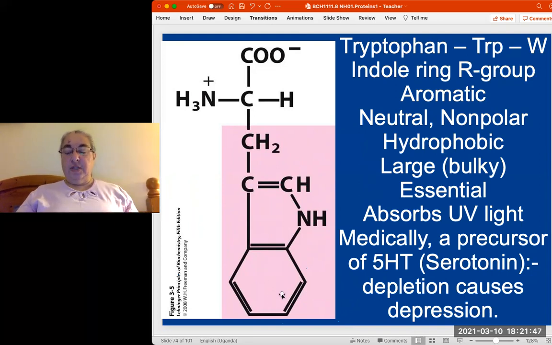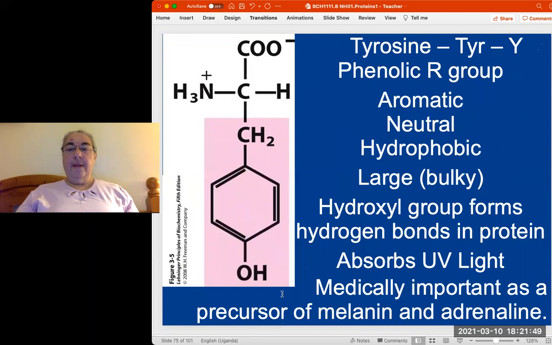It can cause depression. Tyrosine, the third aromatic amino acid. So again, a ring, again absorbs ultraviolet light. This one can act as a precursor of melanin and adrenaline, so important hormones in the body.